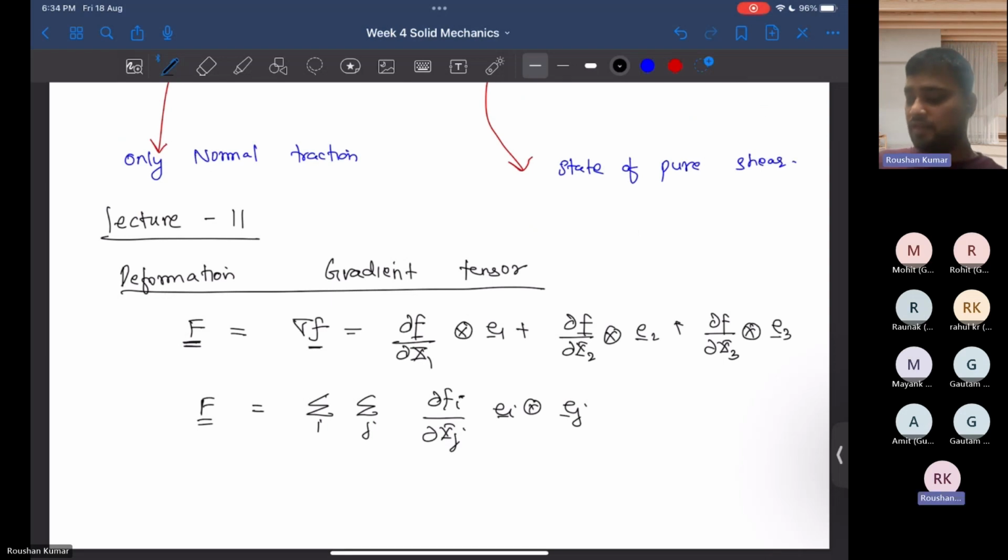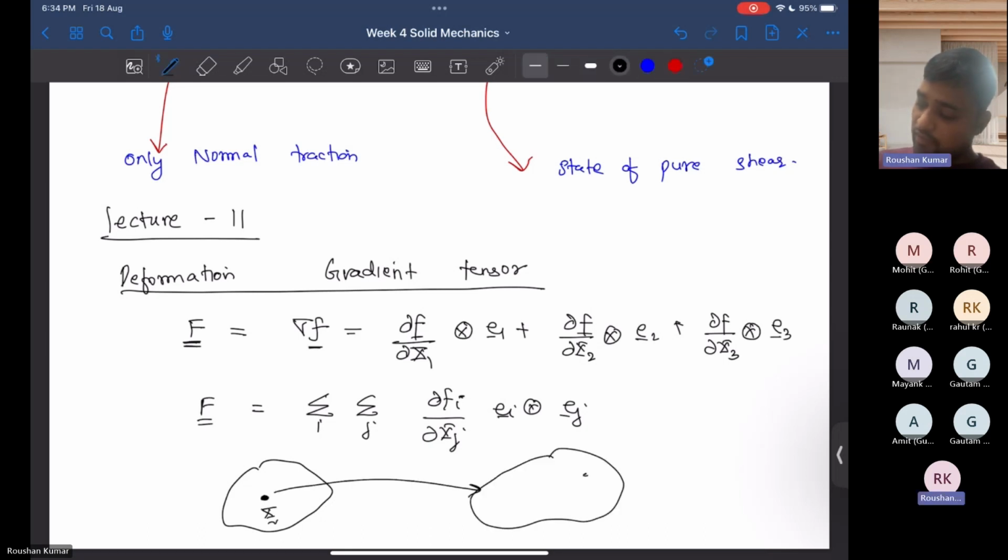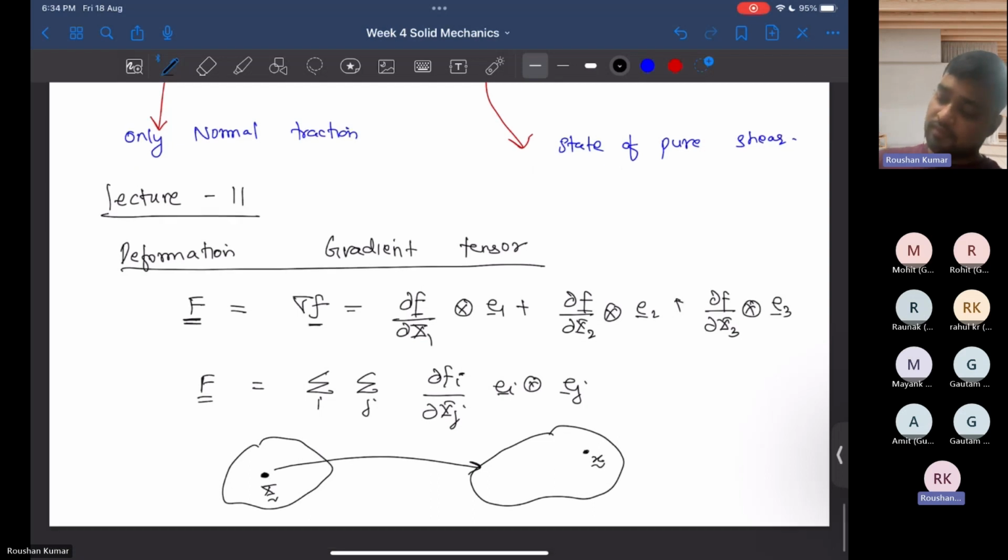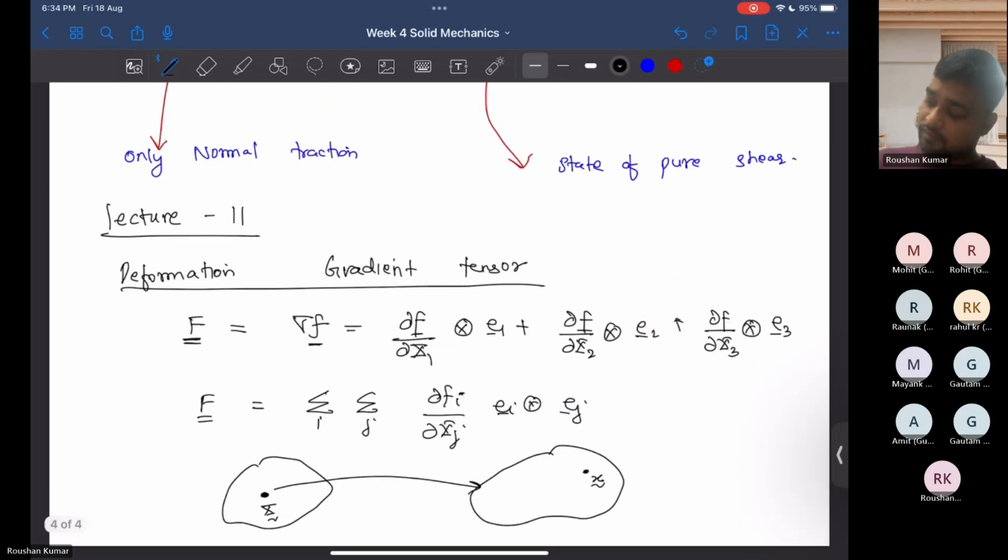It basically maps the undeformed line element into the deformed line element. Suppose we have a body in which there is a point X in the reference state, and after deformation it moves to some other location, x.